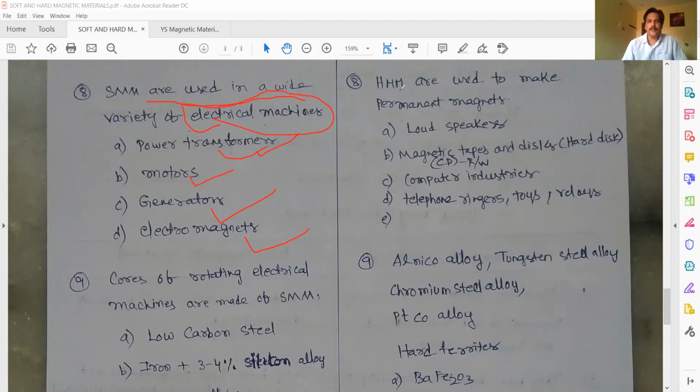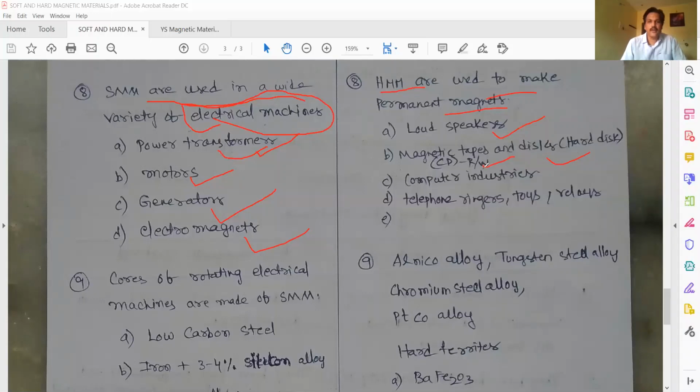Hard magnetic materials are used to make permanent magnets. Examples: loudspeakers, magnetic tapes and disks, like a hard disk. Your computer has a hard disk, which stores a lot of data.